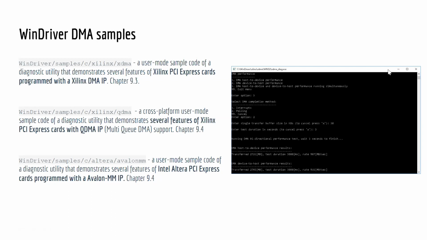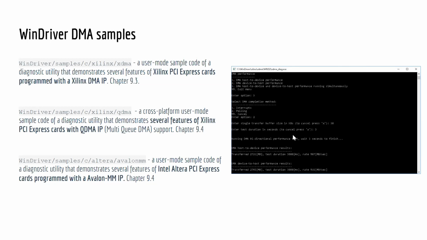And this is how it looks. By the end of the webinar, we will see how we can perform DMA in less than 2 minutes, in a WinDriver quick video, a live demonstration of how to do it. Basically this is the diagnostic tool. You can choose the DMA direction, the completion method, interrupt or polling, which we will talk about quite soon.